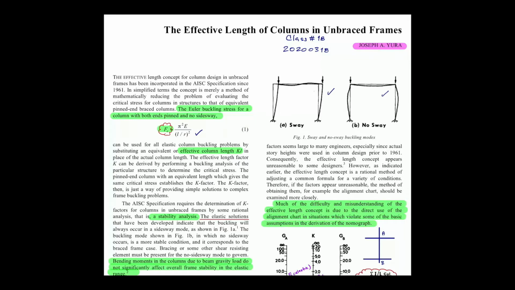Okay, so I talked about the first page of this paper yesterday. Yura made this paper in 1971, 10 years after the ASD column curves in 1961 was published.